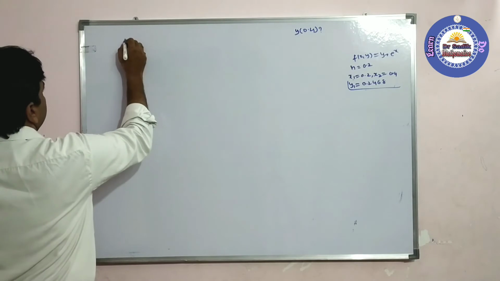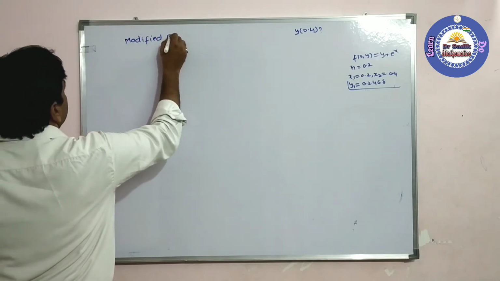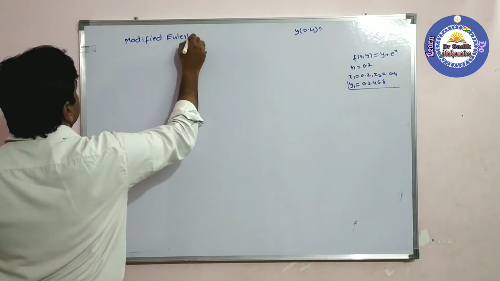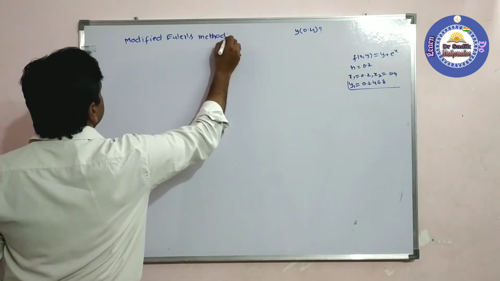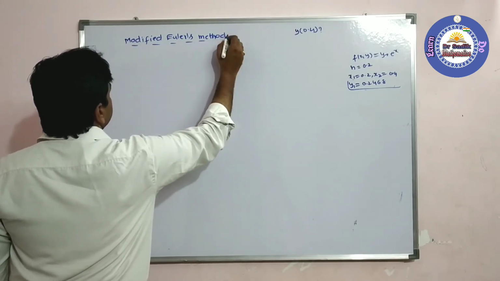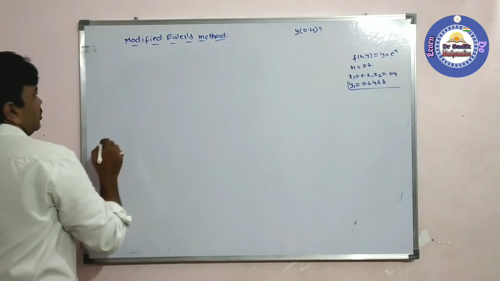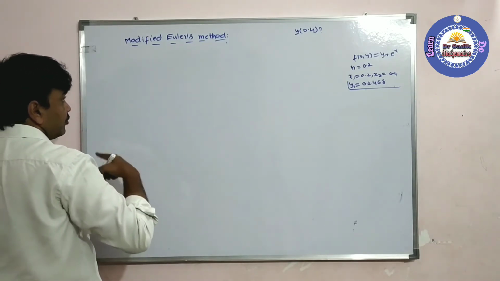So again you write modified Euler's formula, students. Modified Euler's method. Now previously we wrote y1 power n plus 1, students. Now this time we are finding y2, students.